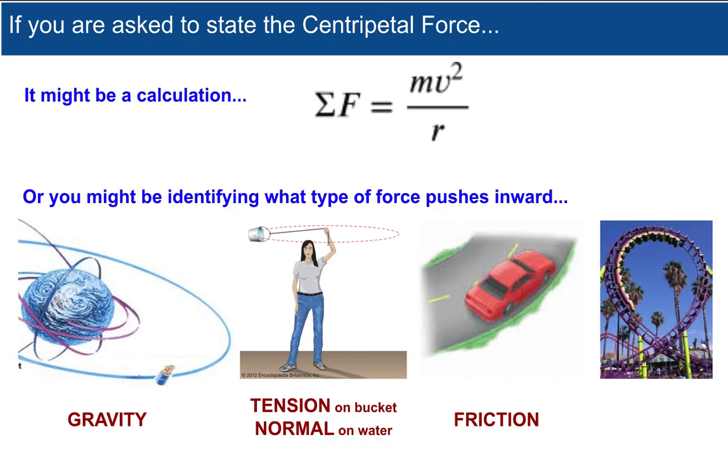And then in this last picture, we have a roller coaster. Many amusement park rides actually use circular motion as the means by which some sort of acceleration is given to the passengers. Some sort of excitement is conveyed there. But for these people who are going upside down on a track, there's actually two forces that point inward.